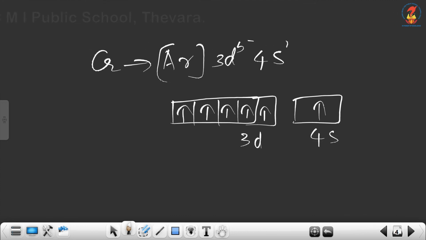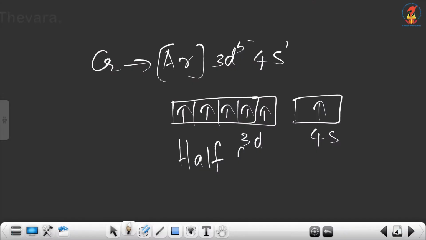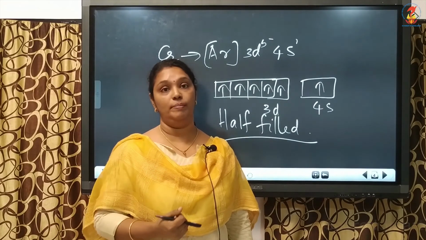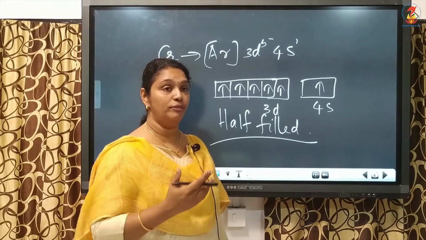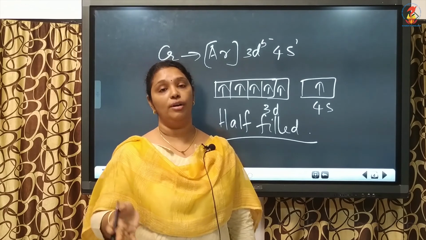You can see all the orbitals 3d and 4s are singly occupied or half filled. So it is said that if an element has half filled orbitals, it has some extra stability. So chromium takes this configuration, argon 3d5 4s1, to get extra stability due to half filled orbitals.